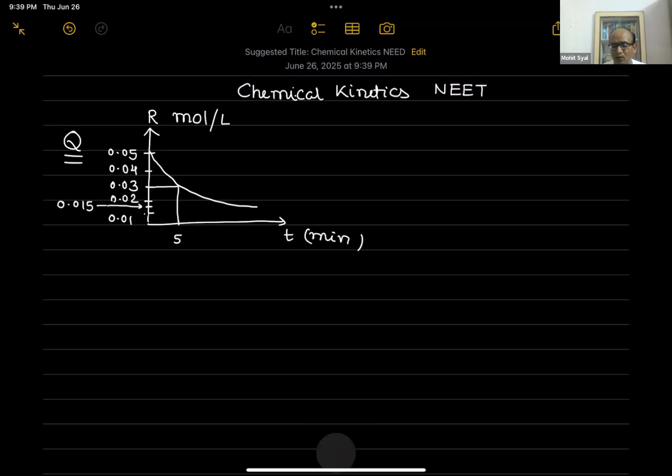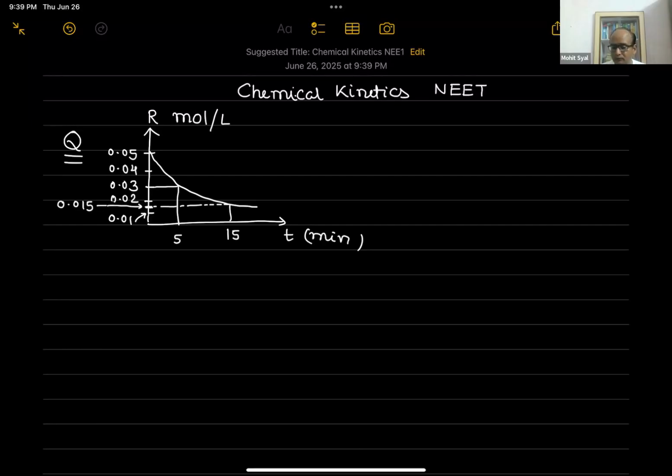This lower value is 0.01 and the upper value is 0.015. Got it? And this is the concentration at 15 minutes.